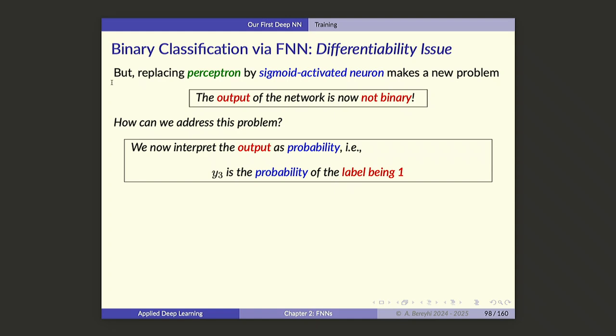If it is very high, more than half, then it is more likely for our input image to be a handwritten 2. If it is smaller than half, then more likely it is not a handwritten 2. So we translated, or interpreted, this number to be a probability.